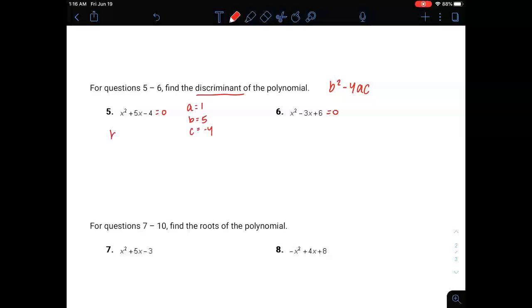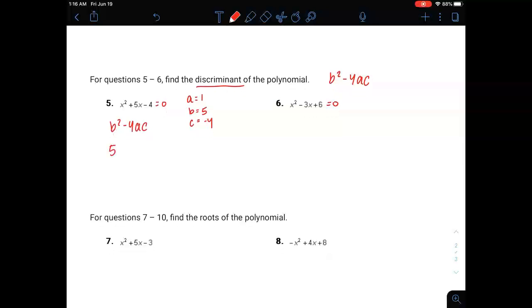So my discriminant is b squared minus 4ac, or 5 squared minus 4 times 1 times negative 4. So I've got 25 plus 16, and that turns into 41.